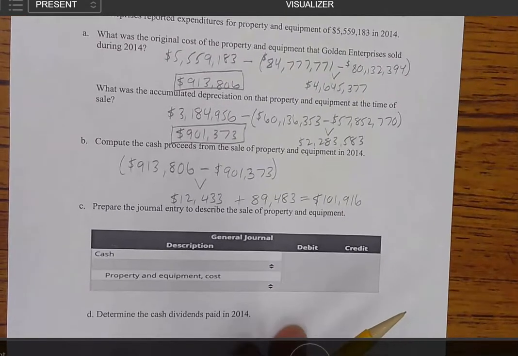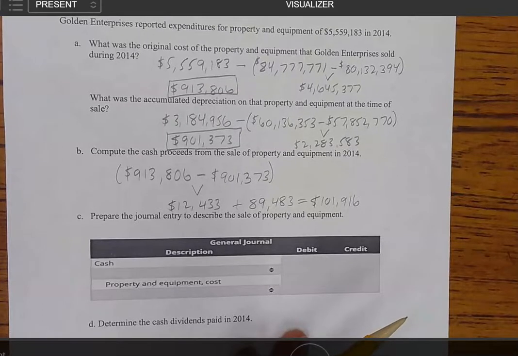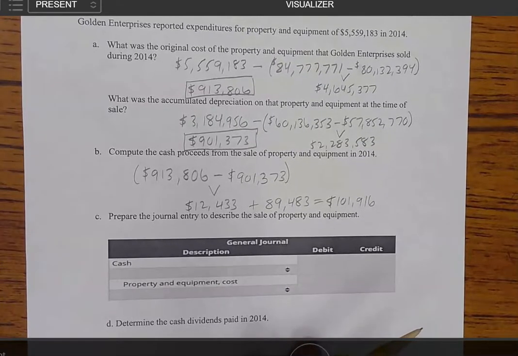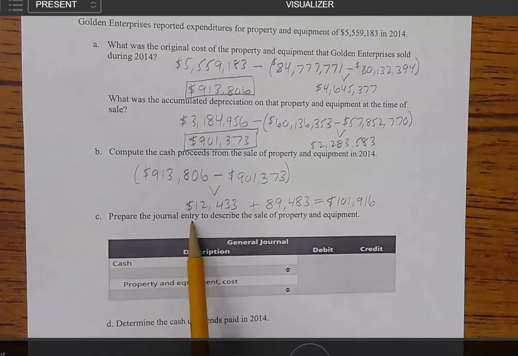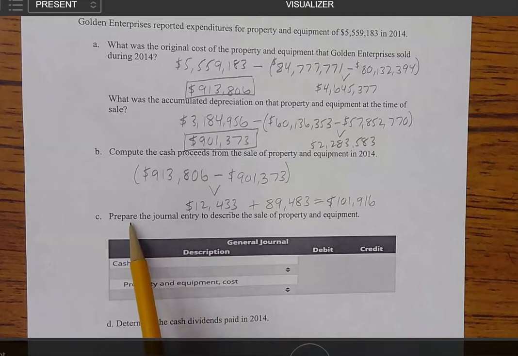And so now, see if we can fit all this on the screen. I believe we can. They want us to prepare the journal entry. Well, they want us to do two things, but the first thing they want us to do is to prepare the journal entry to describe the sale of property and equipment.